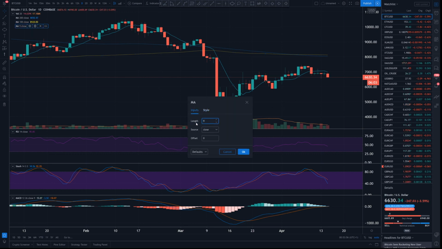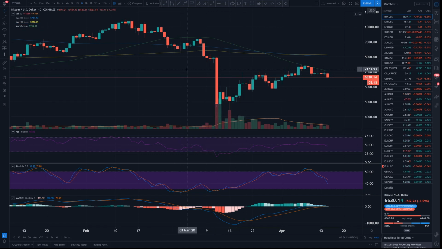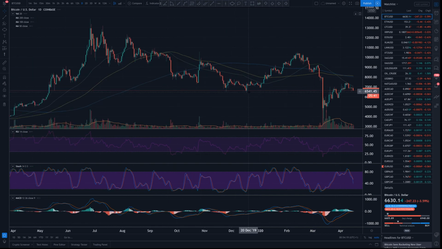Next I will go to my 50 and make that green. Awesome. And we will have a lesson on moving averages. Today is just the basics of chart reading and setup.